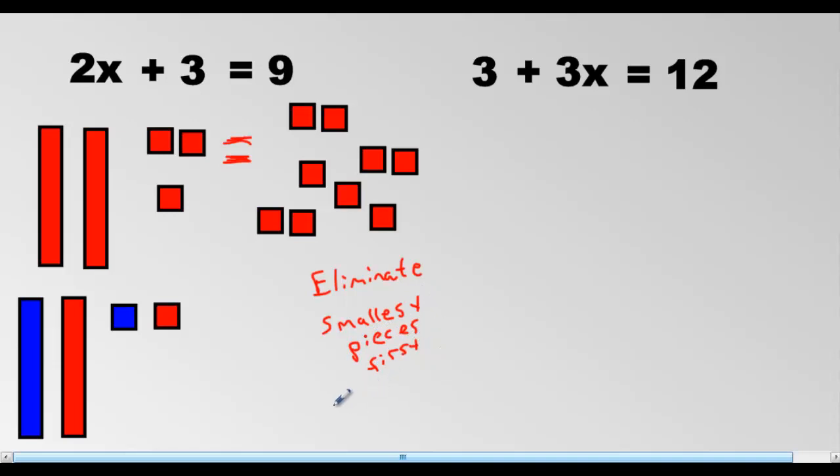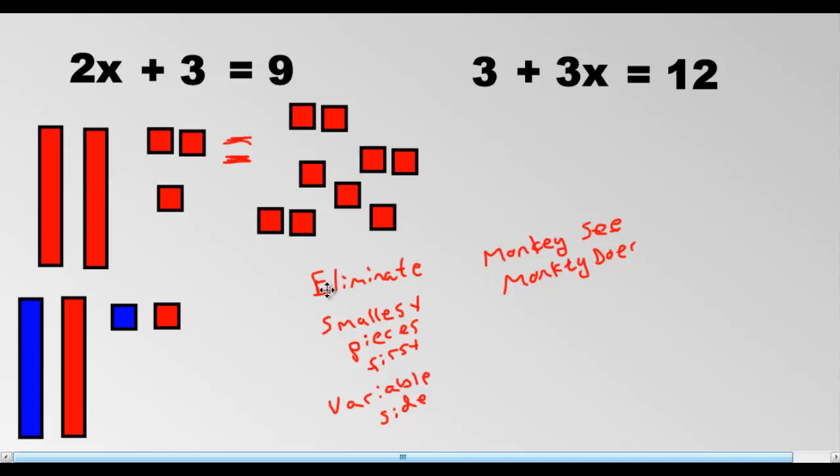And again, we are starting on the variable side. We don't care about the other side. Variable side first. And then after that, it's just monkey see, monkey do. We like monkeys. So in other words, whatever you do to this side, that monkey will do to the other side.